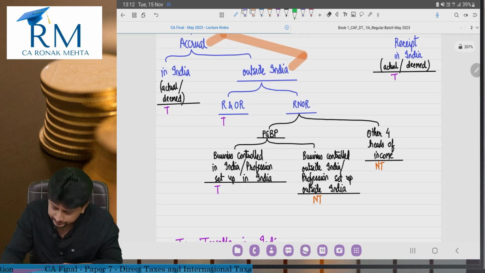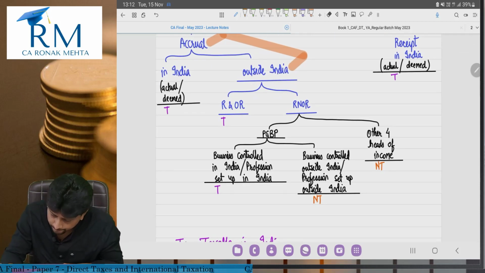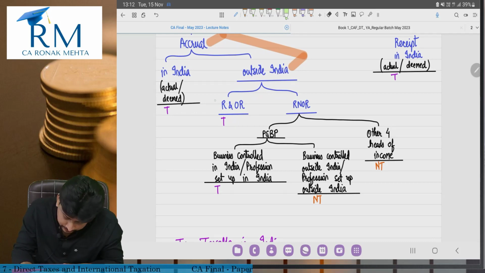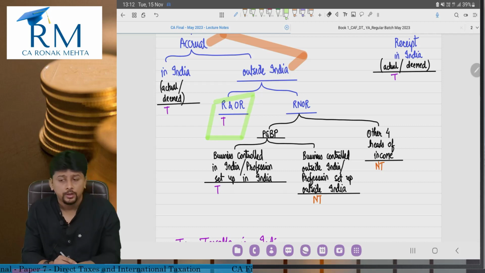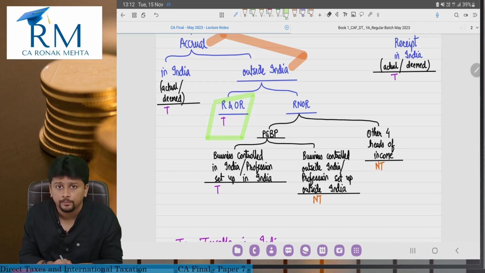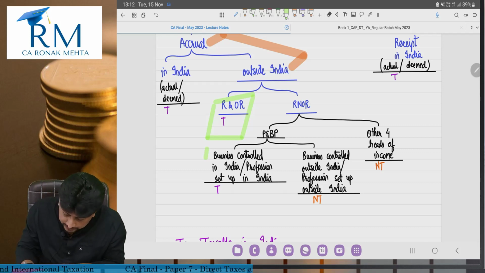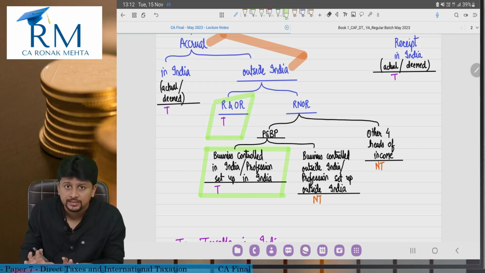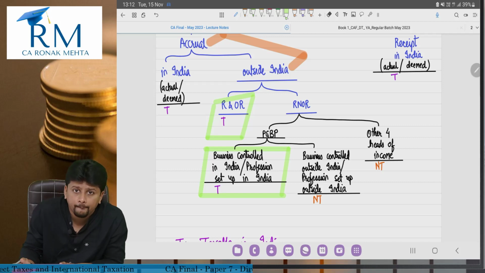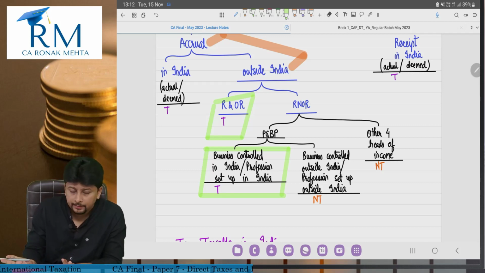Sir, in this situation, income is accruing outside India, but you are saying it is taxable in India. Sir, in this situation also, it is taxable in India. Bottom line is still, it is accrued outside India. Accrued outside India.